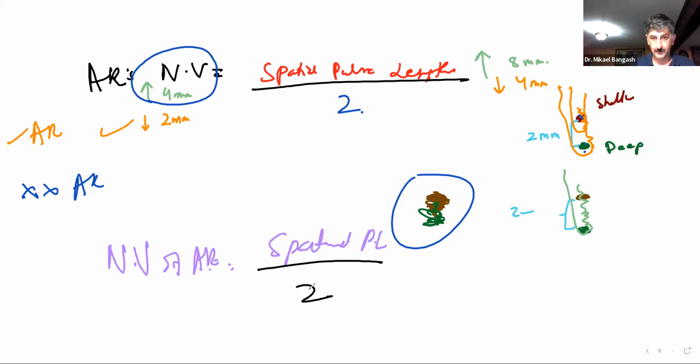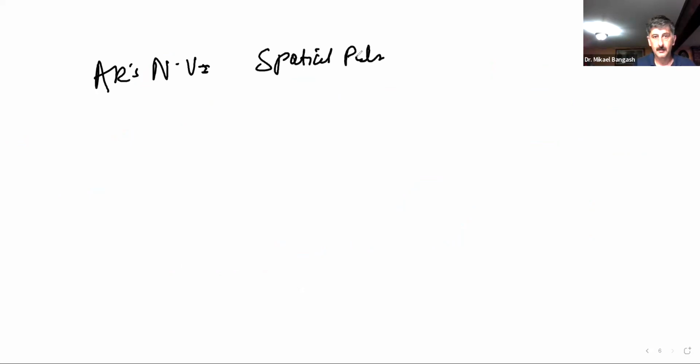Let's just clean this up. So the actual formula for calculating the numerical value of the axial resolution is spatial pulse length divided by 2.